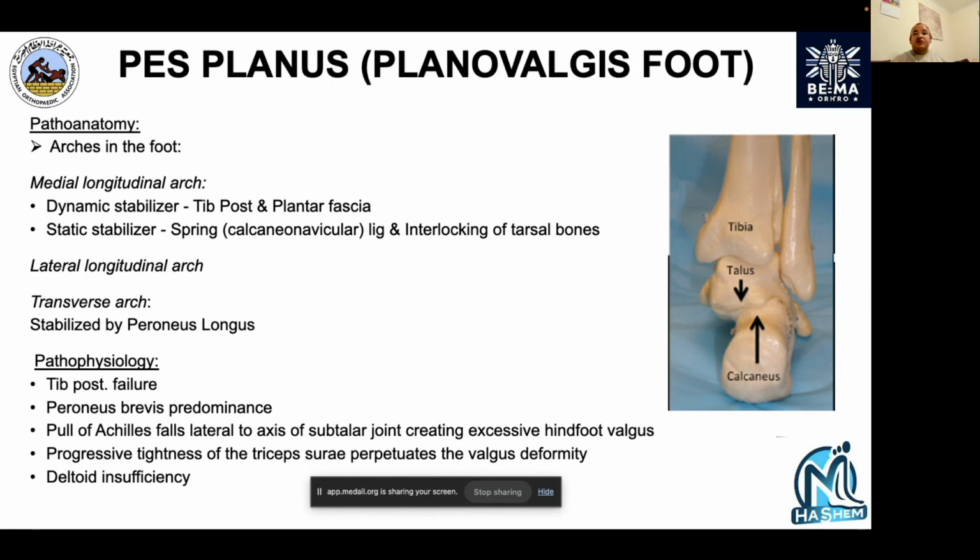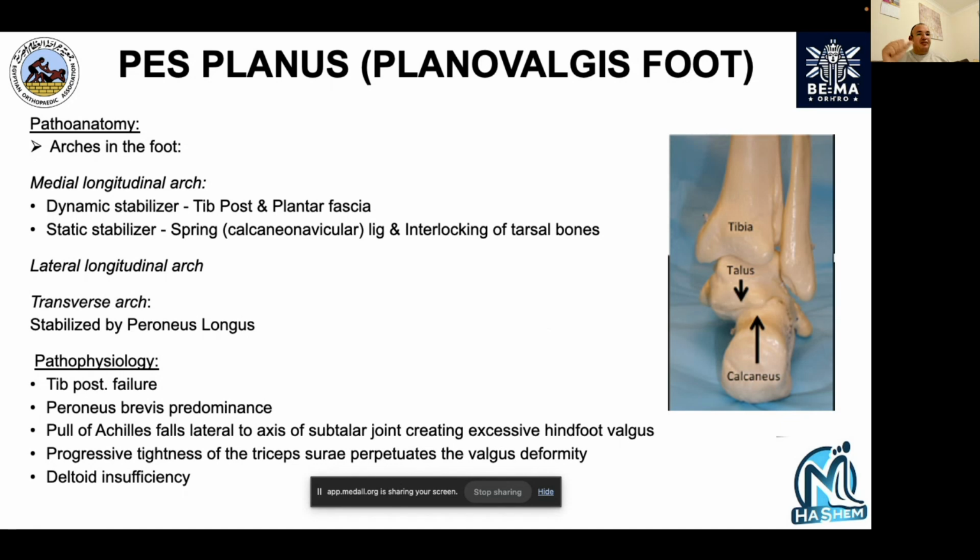And with tibialis posterior failure, we agreed from last time that there are groups of muscles working in coordination: tibialis posterior with peroneus brevis, tibialis anterior with peroneus longus. Once the tibialis posterior fails, the peroneus brevis takes predominance, and that's why the hindfoot goes into valgus, the midfoot goes into dorsiflexion or a flat arch, and the forefoot goes into abduction.